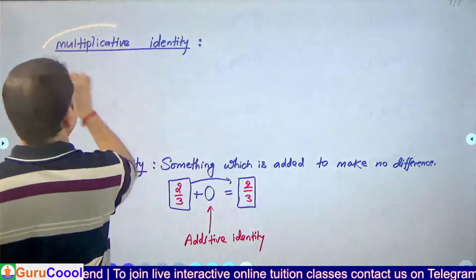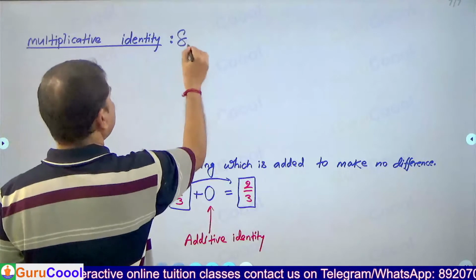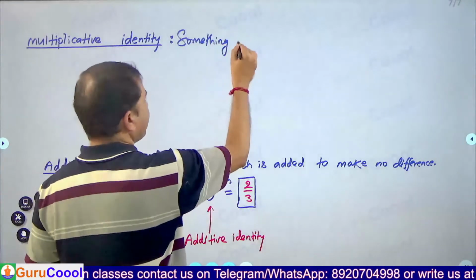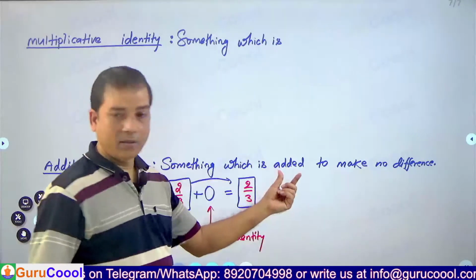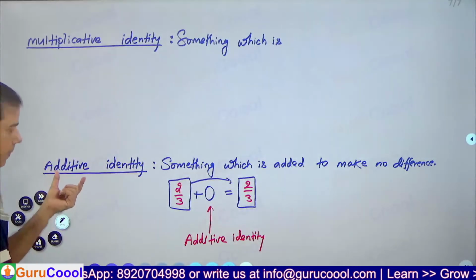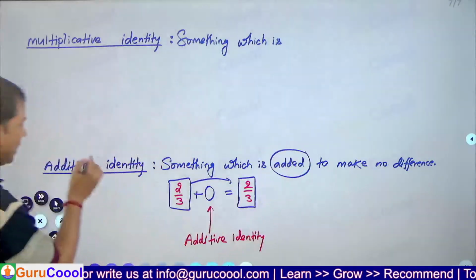Similarly, for multiplicative identity, notice it was about additive identity, so we wrote added, additive.